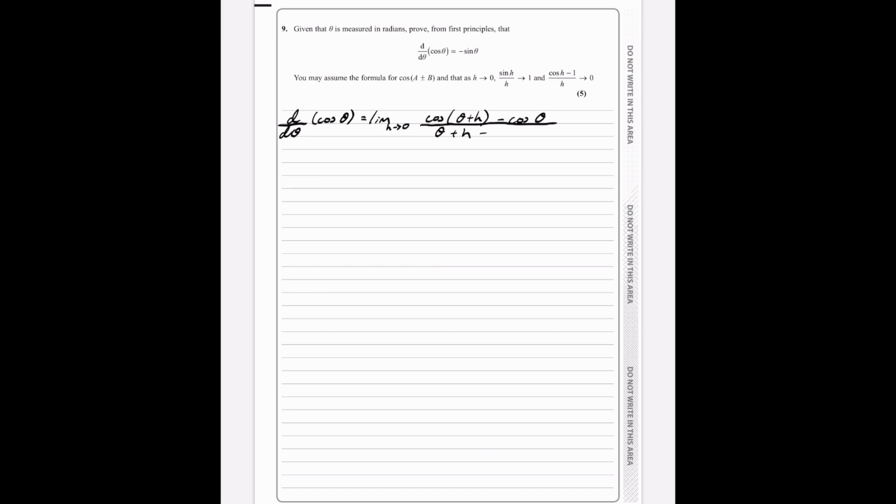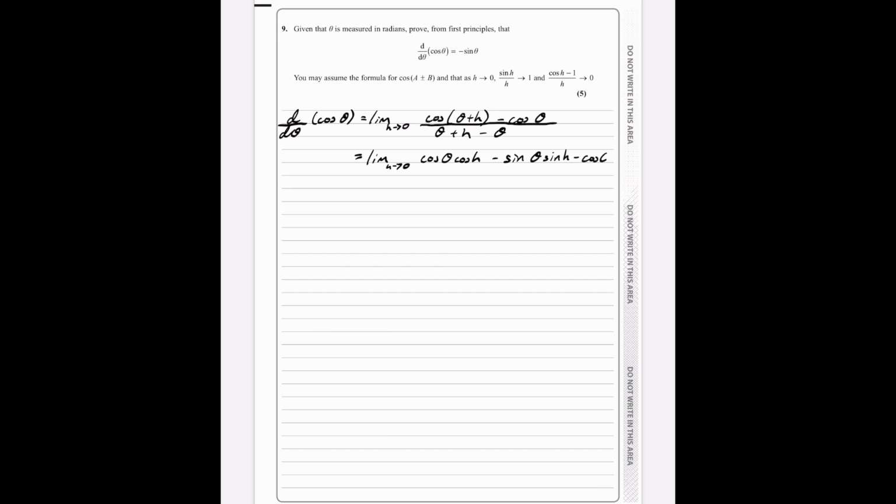Obviously the thetas in the denominator will cancel, and we've got to do some playing about with our equation. Okay, using cos of a plus b for cos of theta plus h, we'll get cos theta cos h minus sine theta sine h, and then subtract the cos theta at the very end.